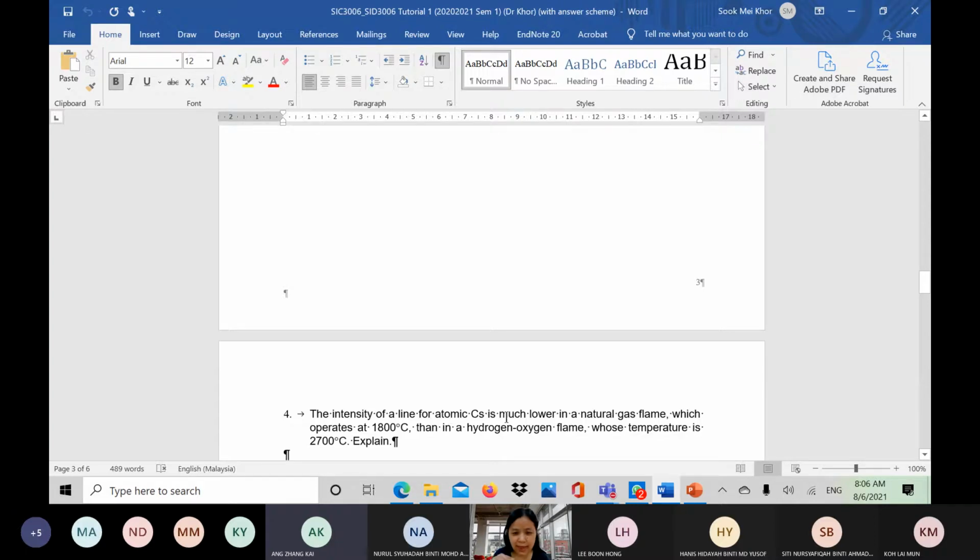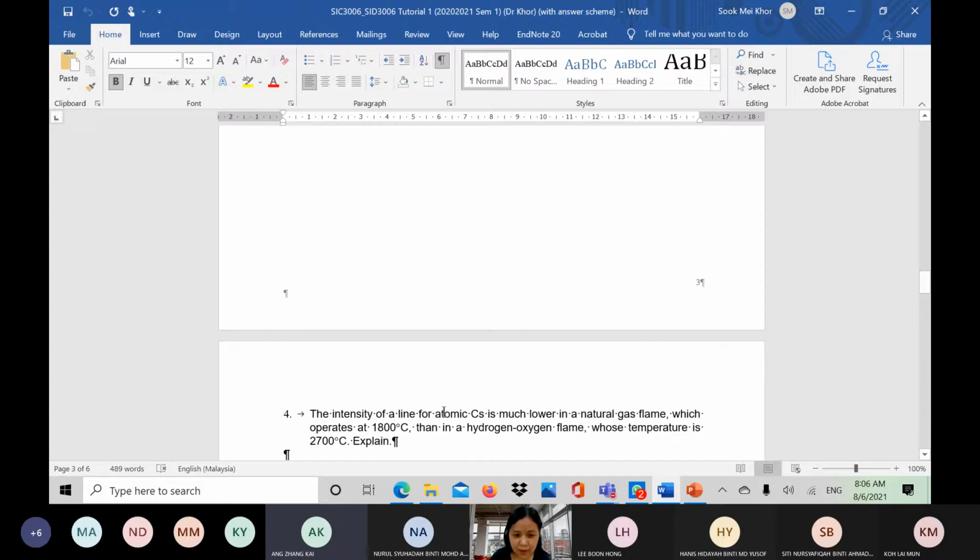I would like you to know that in AAS, the flame has two functions. If it is in AAS, the flame only acts as atomizer, right? If it is in AES, it acts as an energy source where there are two important processes, atomization and excitation.